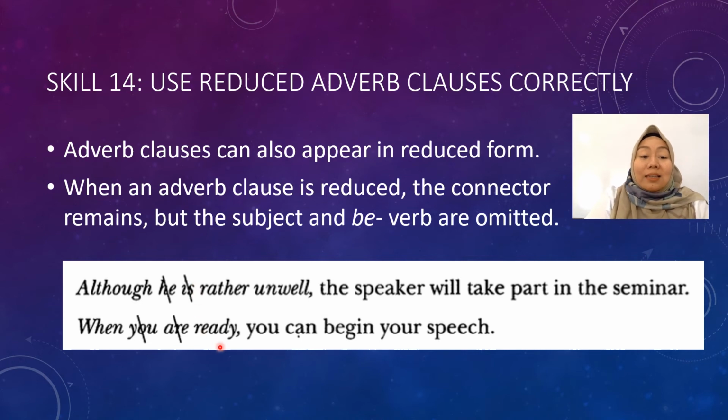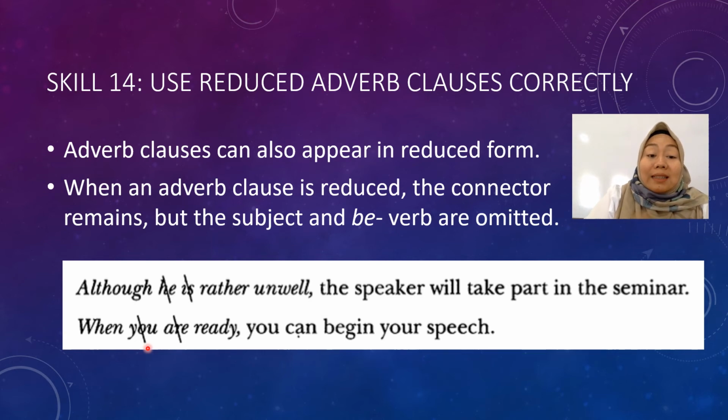So the sentence becomes, although rather unwell, the speaker will take part in the seminar. So either although he is rather unwell, the speaker will take part in the seminar, or although rather unwell, the speaker will take part in the seminar. So we omit the subject and also the be verb.